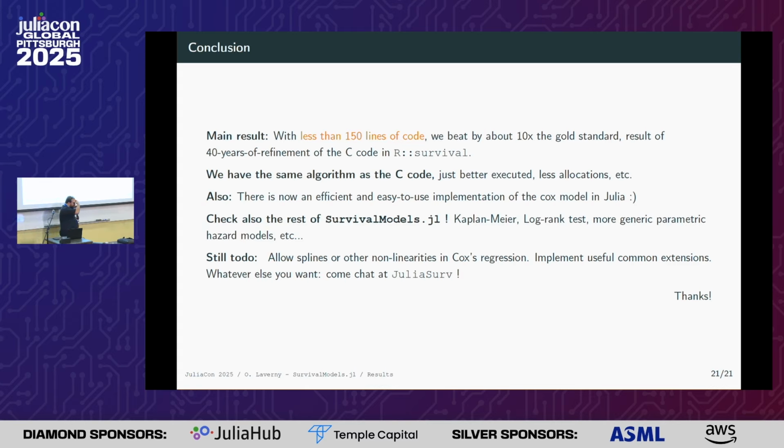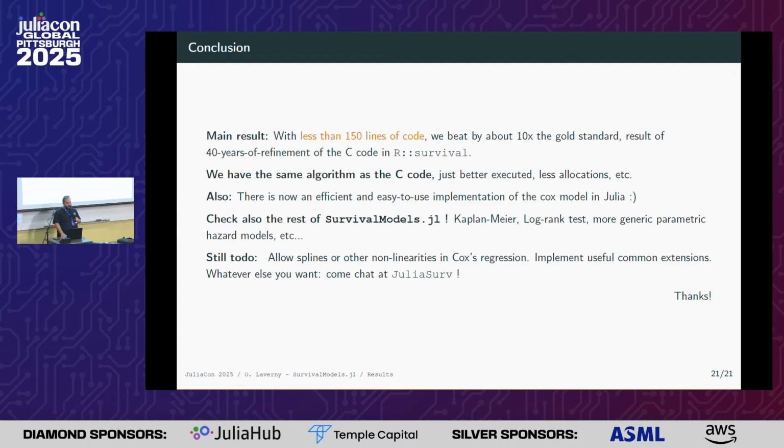So to conclude, with a few lines of code, we were able in a month and a half to beat the gold standard by 10x, which is a very good result. The gold standard is in C, so we are not competing with R code, we are competing with C code.